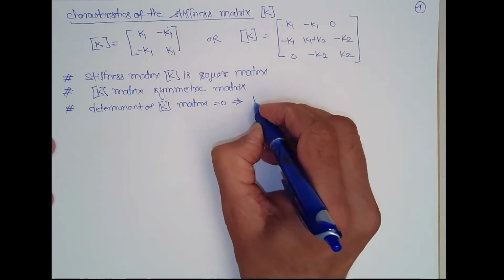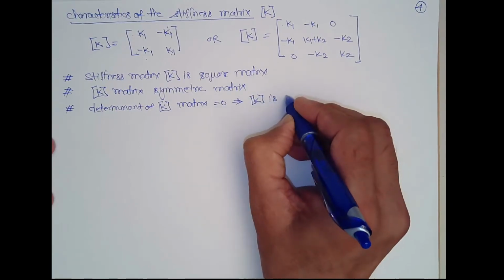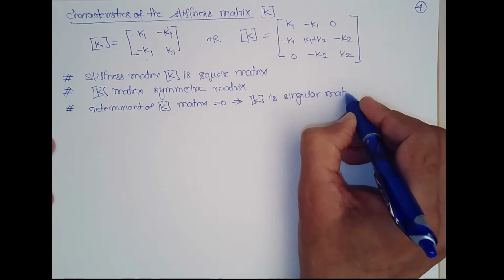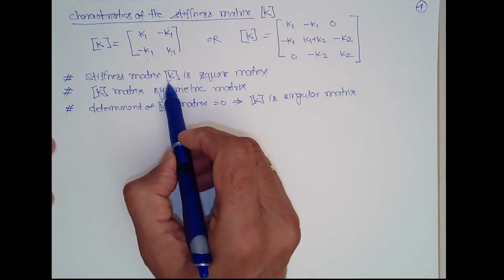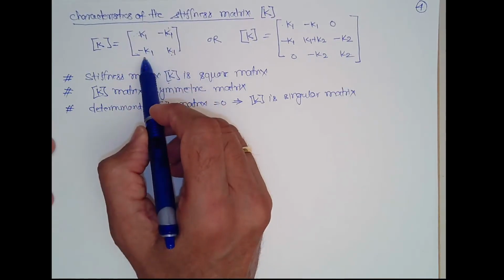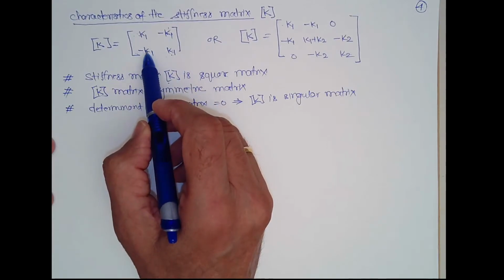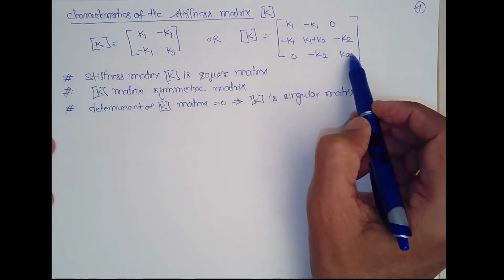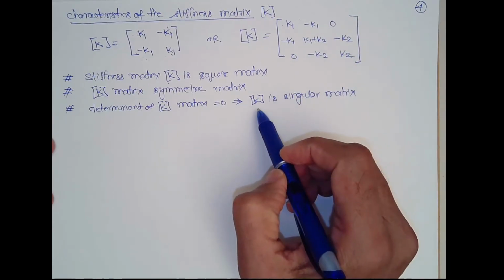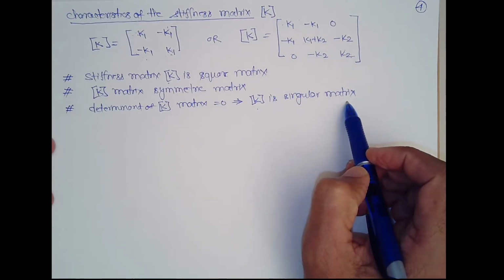K is called a singular matrix, meaning the determinant is zero. In this case too, the determinant will be zero. So K is a singular matrix.